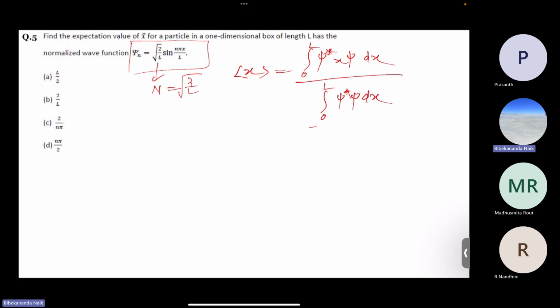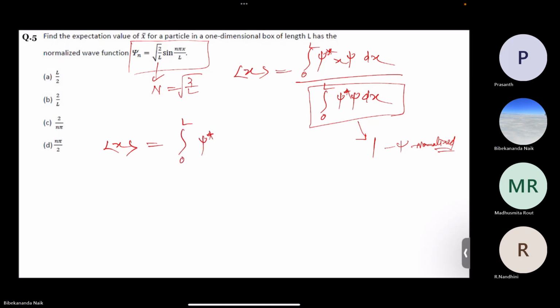In the previous question, we calculated that this value is 1 if the wave function is normalized. So simply the expectation value of x will be the integration from 0 to L of psi star x psi dx.